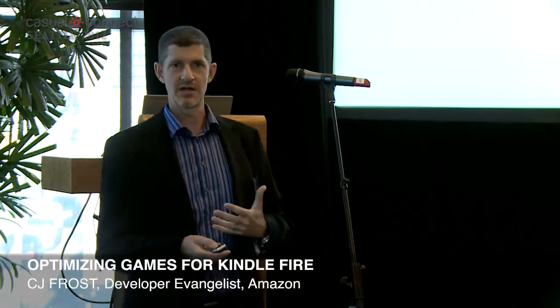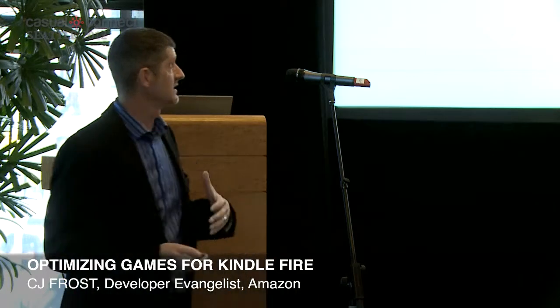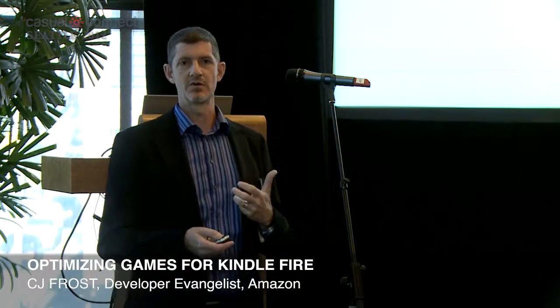Parental controls, something we introduced recently, brand new capability in the platform. There's Silk, our accelerated browser you can take advantage of. There's obviously the Amazon store. One of the key features of the Kindle Fire is it comes pre-configured to the user. It's an extension of the user's Amazon account. So it makes it very easy to do things like one-click ordering.